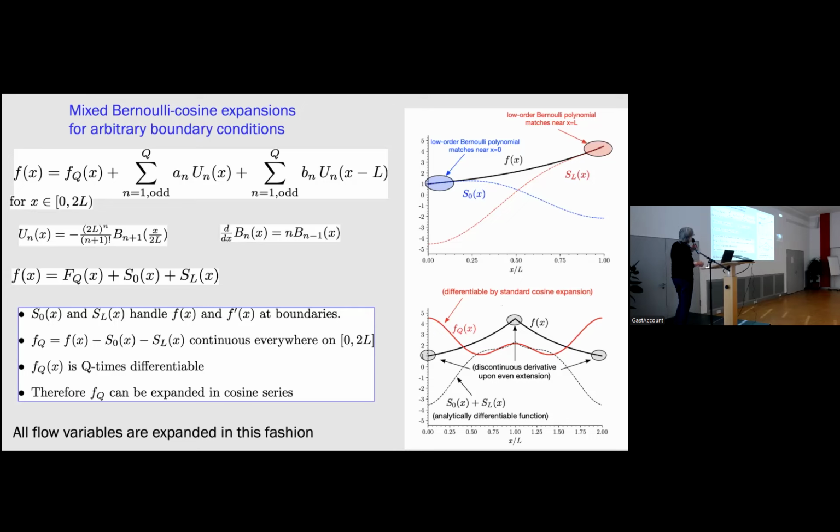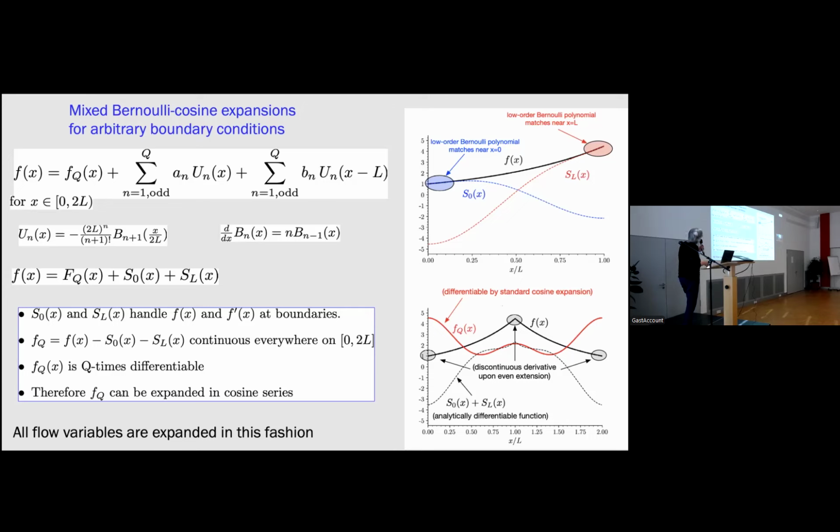is actually just, okay, so what we do, we take our domain, and so we can have discontinuous derivatives, we can have non-periodic boundary conditions, we can have any kind of boundary conditions. And so we impose that these, okay, so here is the Bernoulli polynomial at one end, and here's the Bernoulli polynomial extension at the other end.